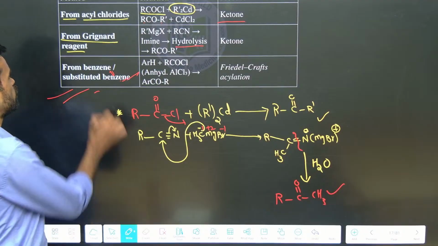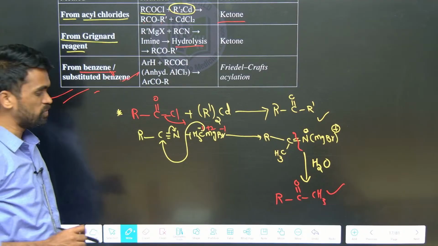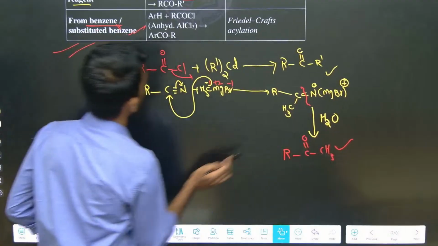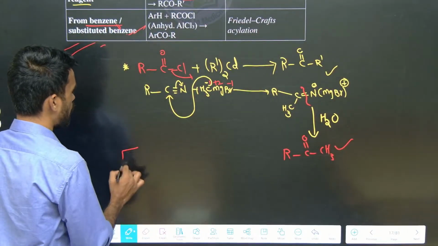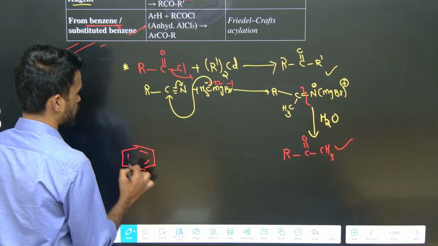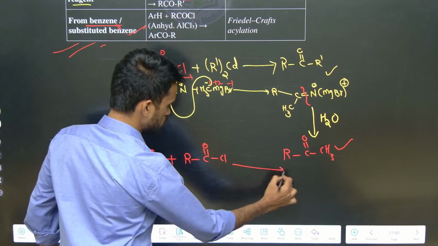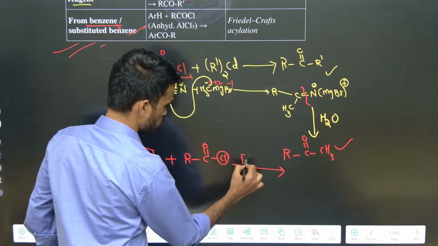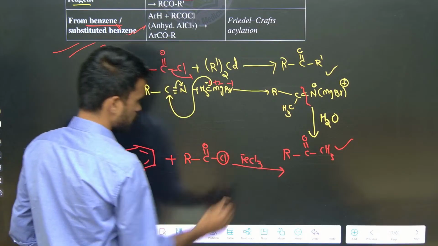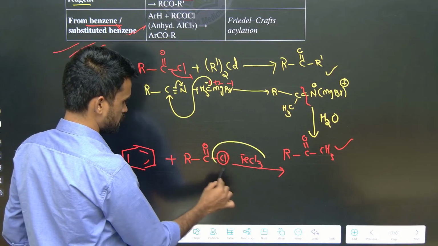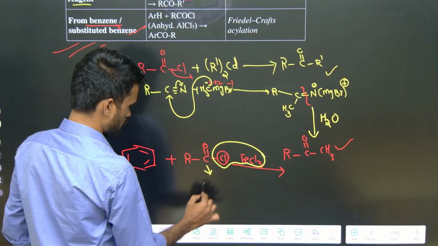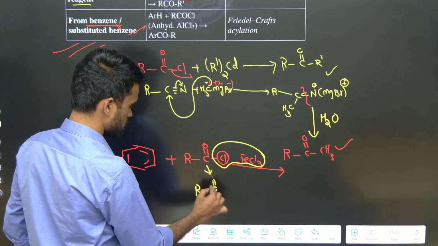The next one is from benzene. How do we do this from benzene or substituted benzenes? It is simply an aromatic electrophilic substitution reaction. See, COCl is there, so Cl is there, and I am using anhydrous FeCl3. Now this FeCl3 and this Cl will be removed, so we will get an acyl carbocation like this.